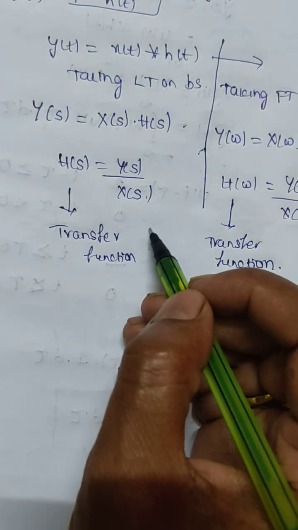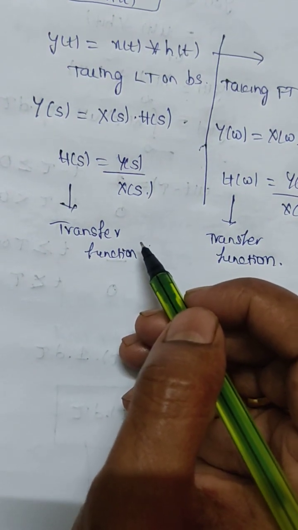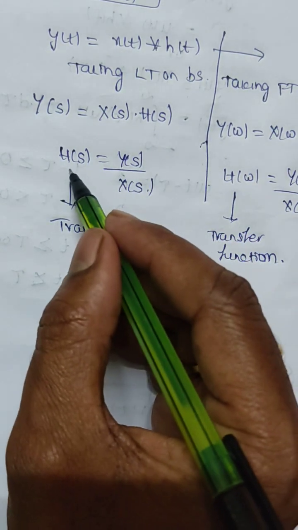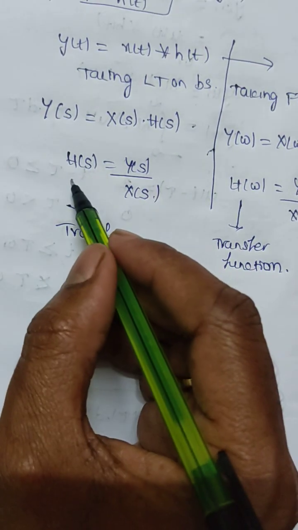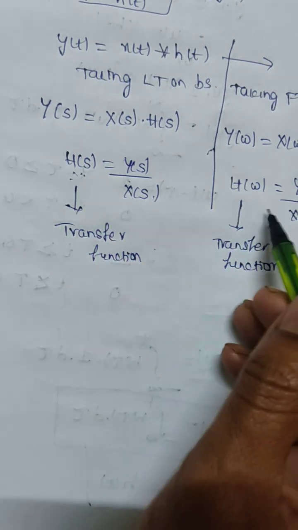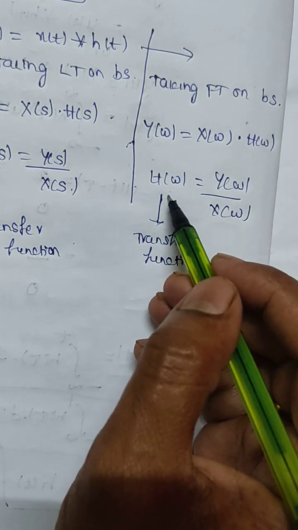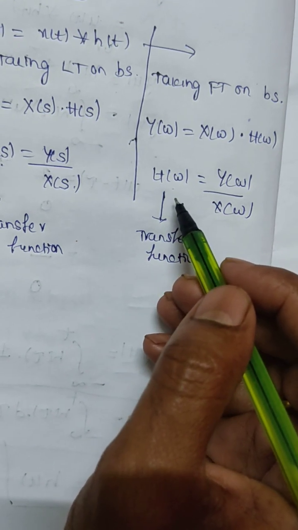So that is all about the transfer function of an LTI system. Either we can get the transfer function in the Laplace domain or the S domain, or we can also have H of omega, that is in the frequency domain.